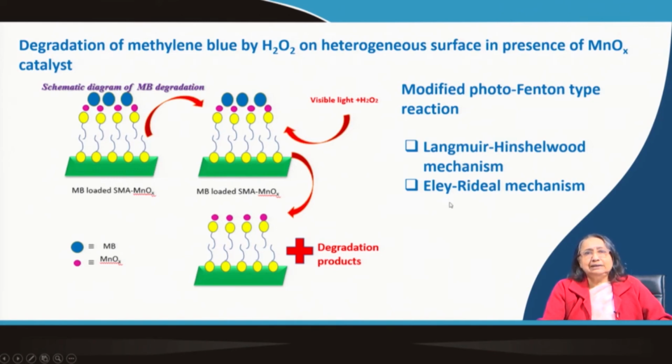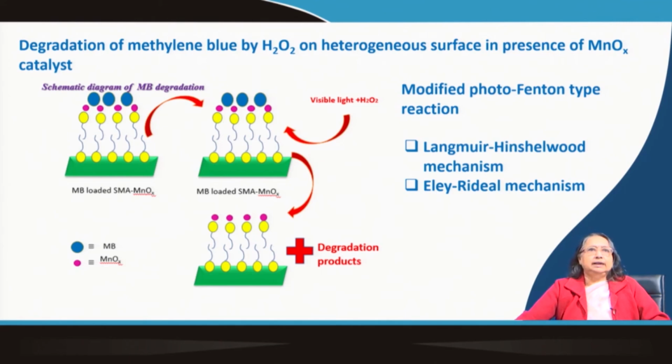But if one is adsorbed and another is in the liquid phase or gas phase, so it is not adsorbed, but it comes from the gas phase or liquid phase, reacts with the other substrate in the presence of the catalyst, and then goes out, then this is the Eley-Rideal mechanism. For any heterogeneous catalysis, mostly these two types of mechanisms are proposed. I hope you have understood the difference between these two.